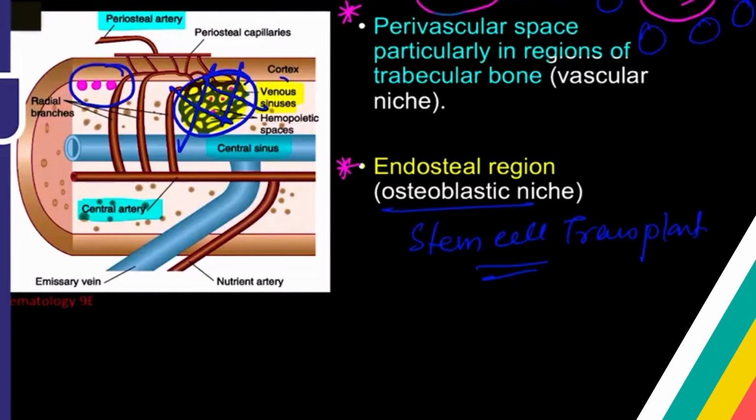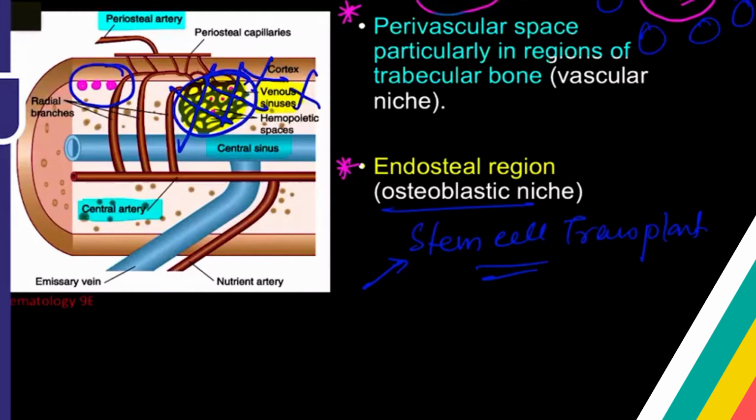So after damage to the vessel space or endothelium space, when you transfuse the stem cell into the recipient, the stem cell will not get its niche at the level of the vascular area because that is already damaged by chemotherapy.